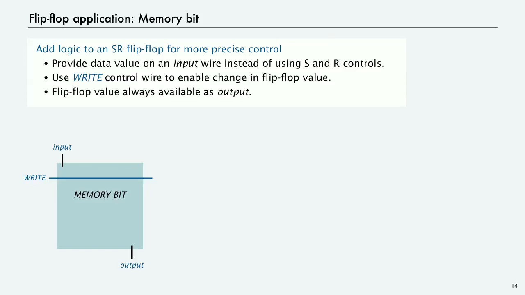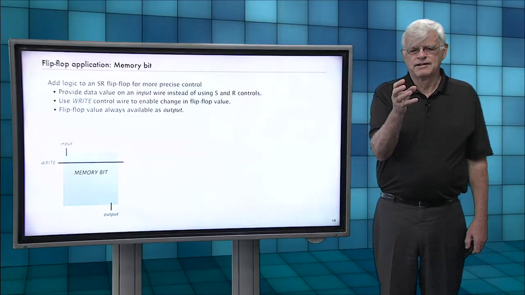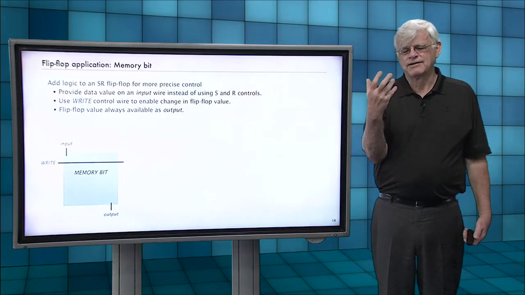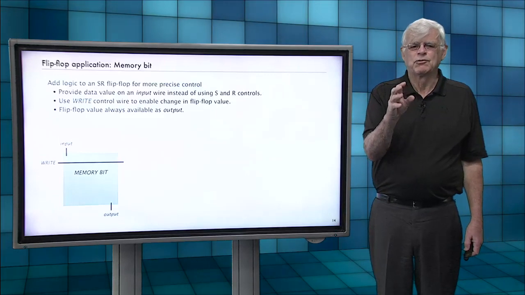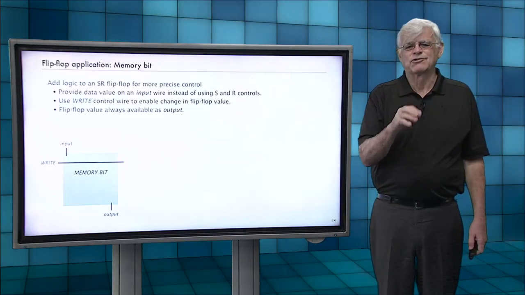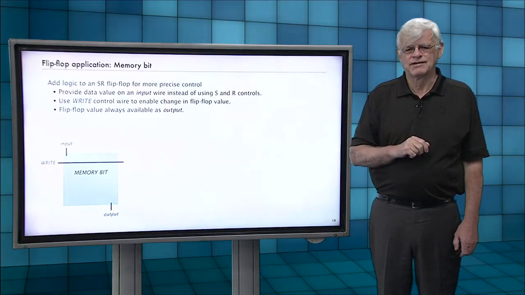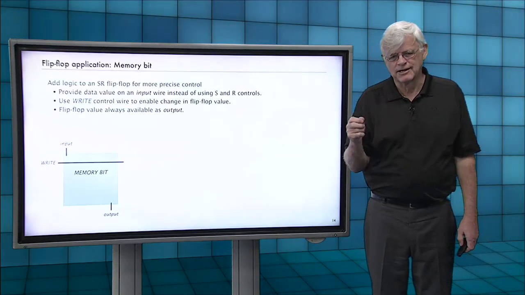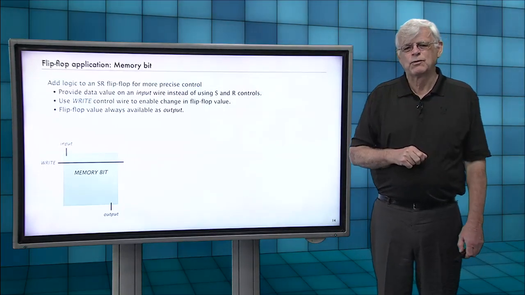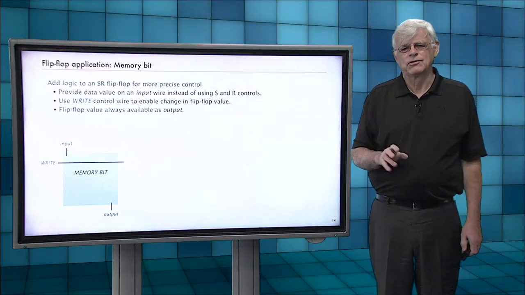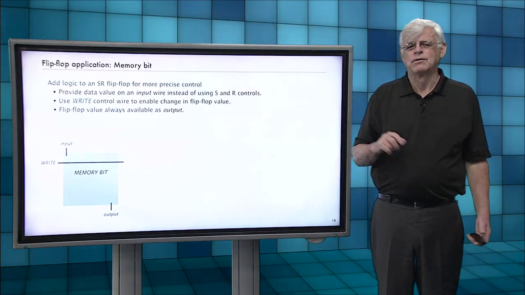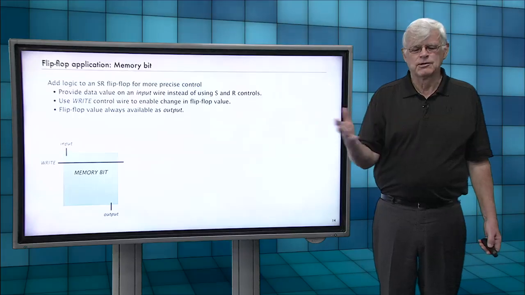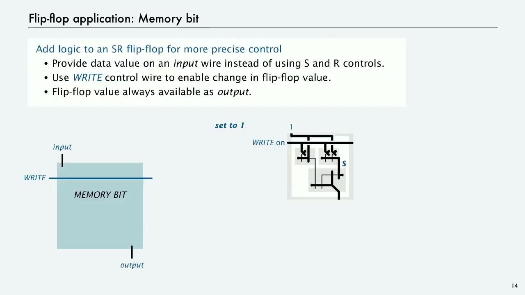And then the flip-flop value is always available as output. And this is the reason that we don't need to worry so much about timing, as we have these extra controls to make sure that things happen in the way that we want. And I'll talk a little bit about that later, but it's just one piece of operation that makes our circuits reliable. It's possible to make our circuits reliable in lots of technologies.